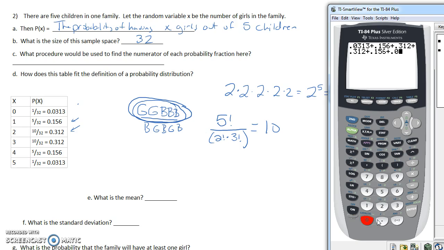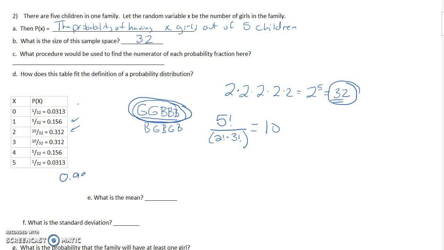When I add these up, they should add up to 1, right? We said for a valid probability distribution, these add up to 1. When I take a look, it adds up to actually 0.9986. That's not 100%, but it's really, really close.